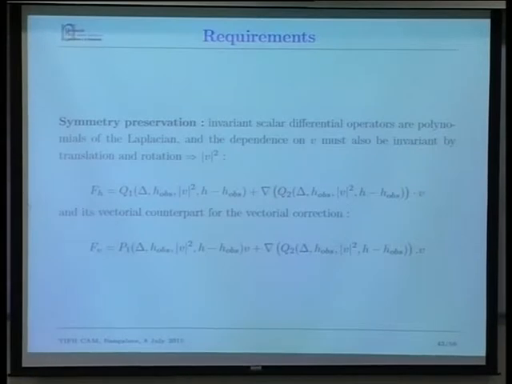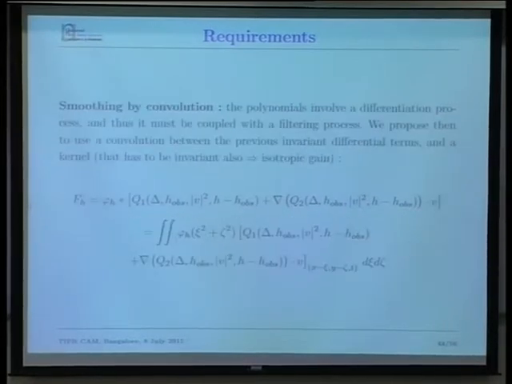So you may imagine a lot of functions at that time. Now you need to add some smoothing by convolution. Why?